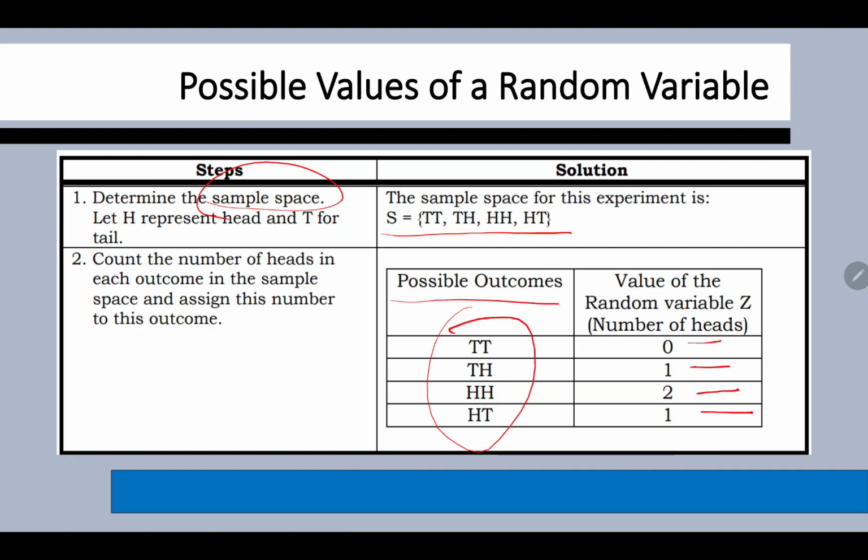Second is being clear on what needs to be counted. Those are just the two. Sometimes students make mistakes because the possible outcomes are sometimes too many, sometimes too few. Sometimes the possible outcomes are correct, but the counting of the number of heads for the assigned values of the random variable is wrong. So you have to be particular about that. When you have this, you now have the possible values of the random variable.